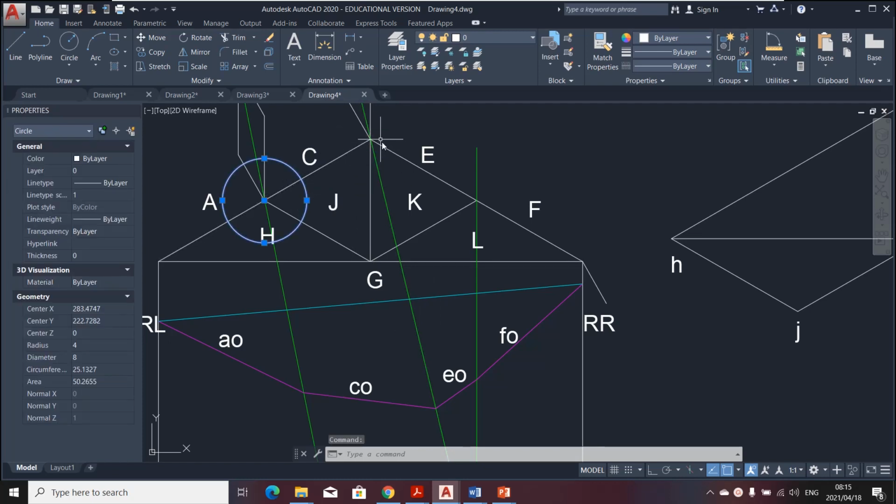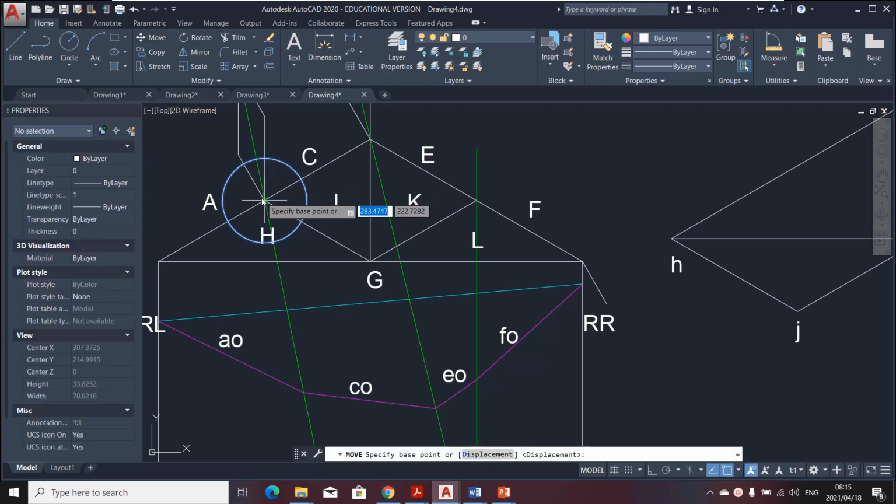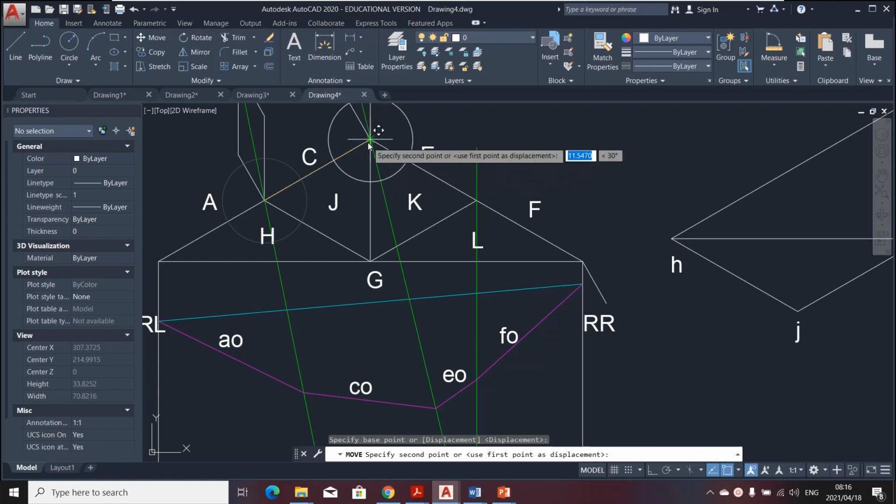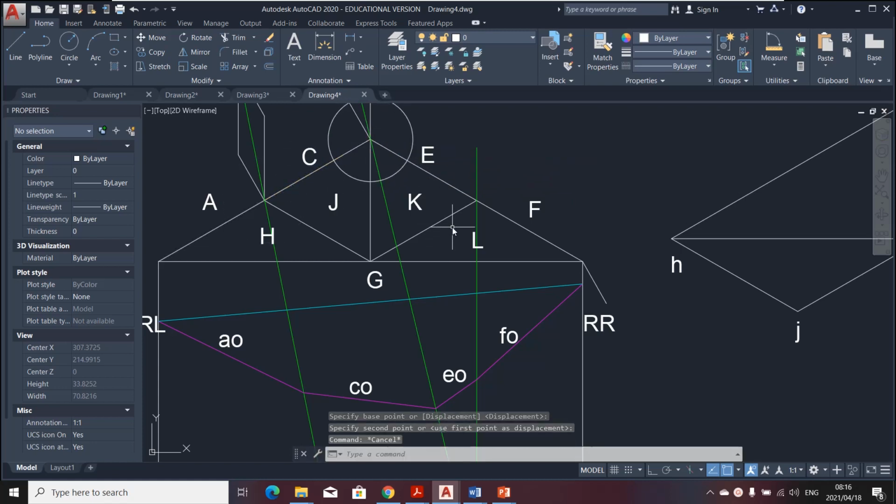If I look at this joint here, I've got 1, 2, 3 members, but of the 3 members, CJ I have already. I'm left with EK and JK. All right, I'm gonna move to this joint now. That's my focus. I do have CJ, so this one is dealt with already. I've got EK and JK.